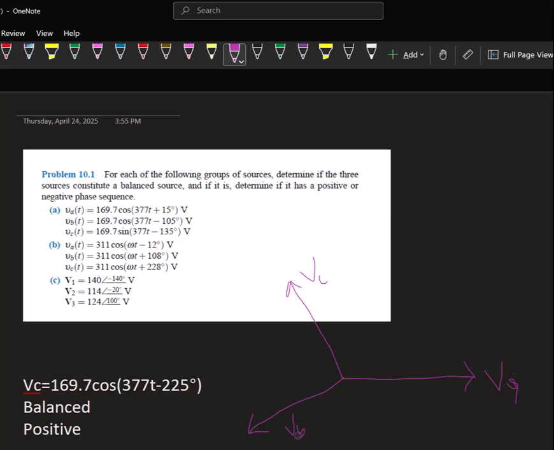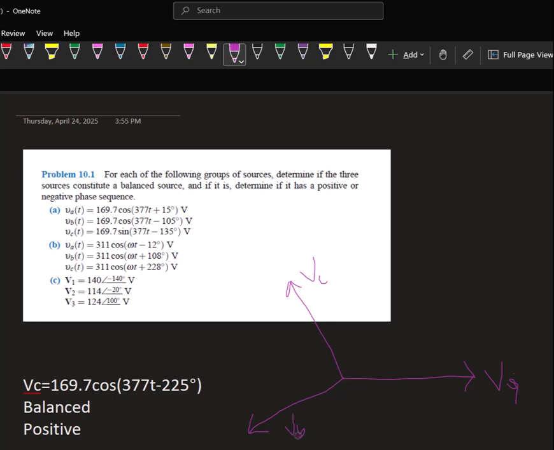So part B. First, they're all cosine. They all have 311 as the magnitude. They all have omega as the frequency, so that's good. And are they separated by 120 degrees? I think so.